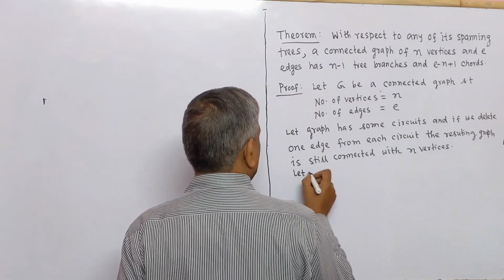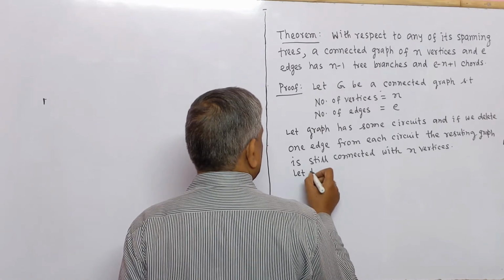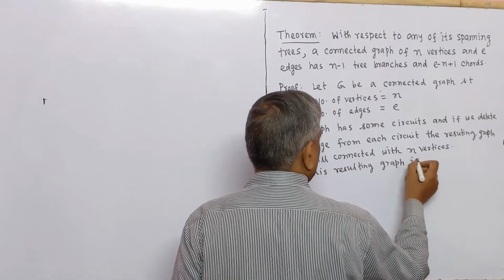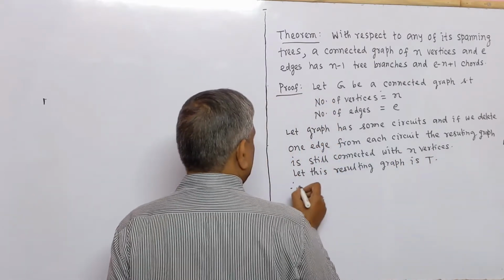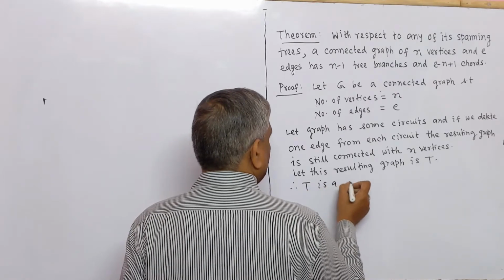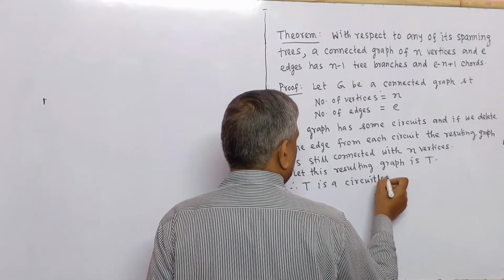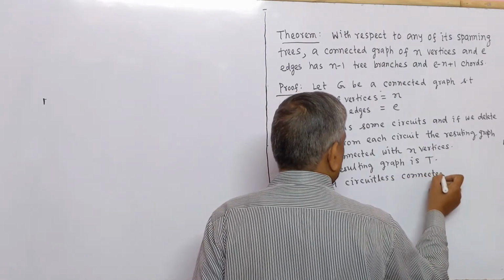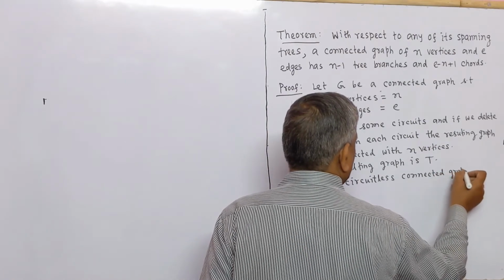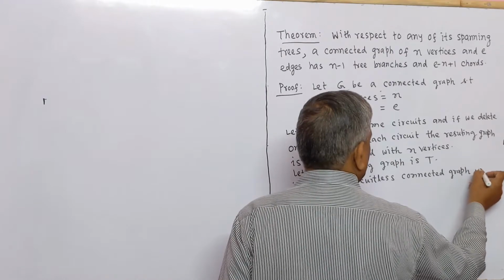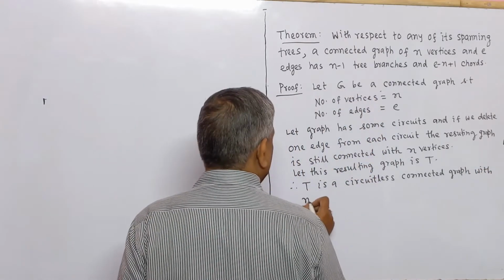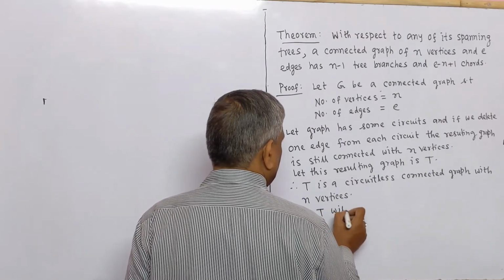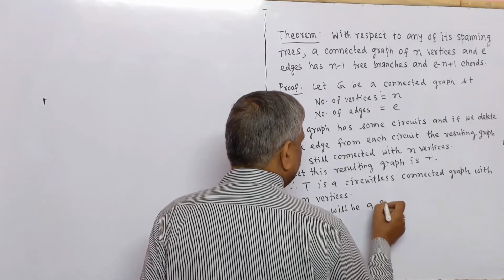Let this resulting graph be T. Therefore, T is a circuitless connected graph with n vertices. Therefore, T will be a spanning tree.